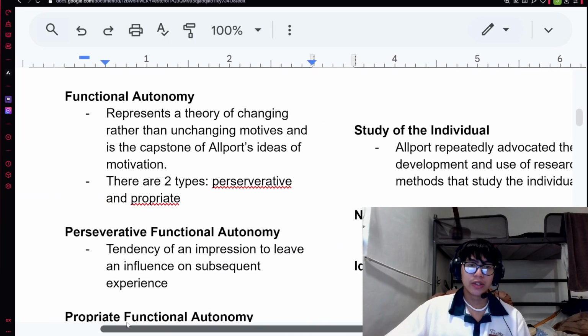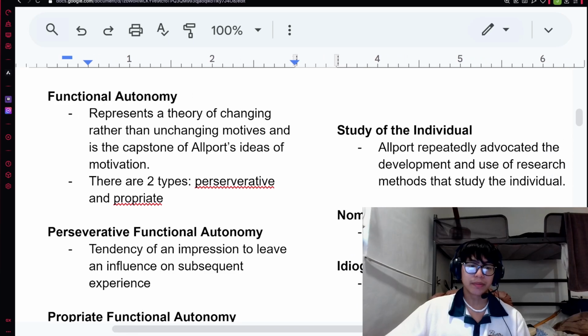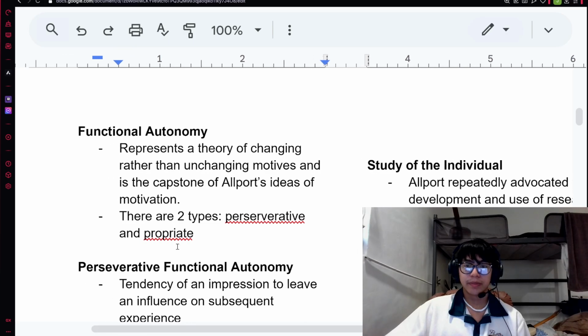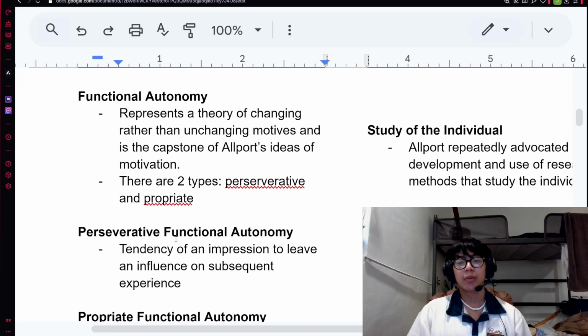So let's talk about functional autonomy. Functional autonomy represents a theory of changing rather than unchanging motives, and is the capstone of Allport's ideas of motivation. So there are two types, perseverative and appropriate.